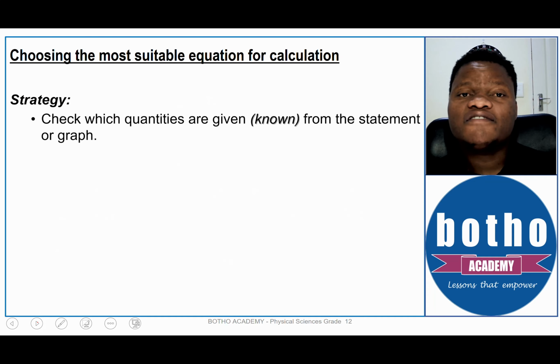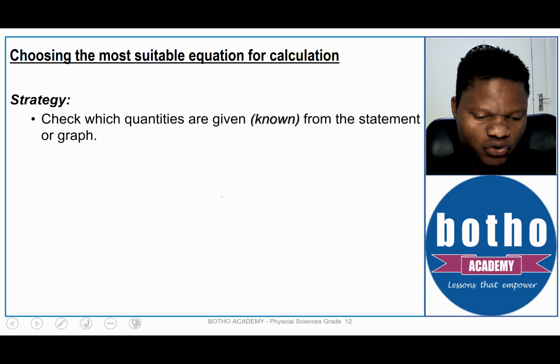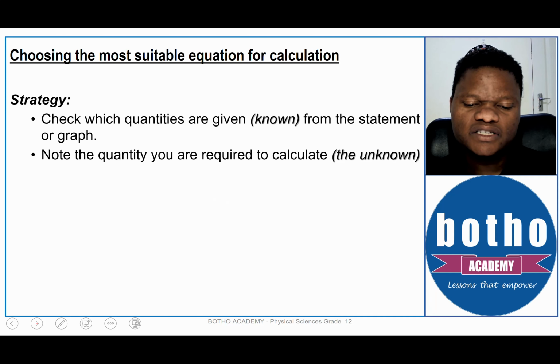The strategy is, the first thing you need to check is what you are given, or what you know from the statement or from the graph, because sometimes your statement can come in the form of a graph, so you should be able to read the graph and get the information from it. Note the things that have been given to you, and then move to what is required of you, what you need to calculate.